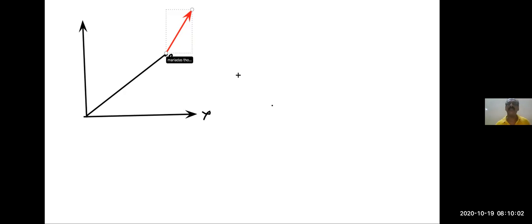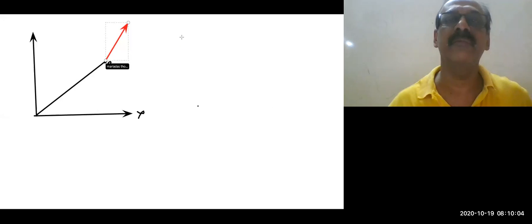In that case, naturally, see, initially this angle was theta. Agreed? Yes, sir. This is the force F. P has an X component, this is X, isn't it?